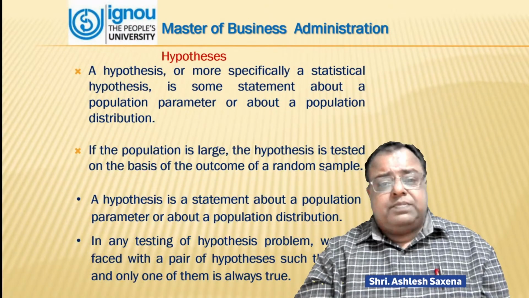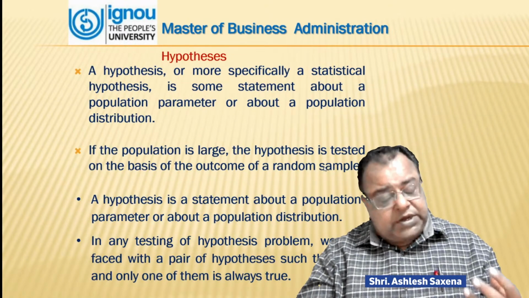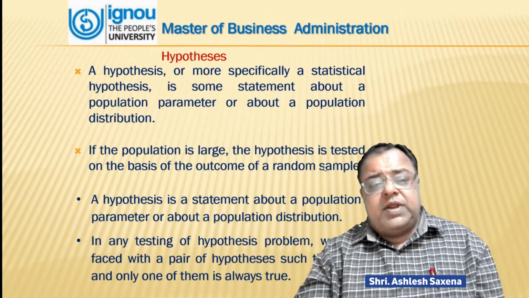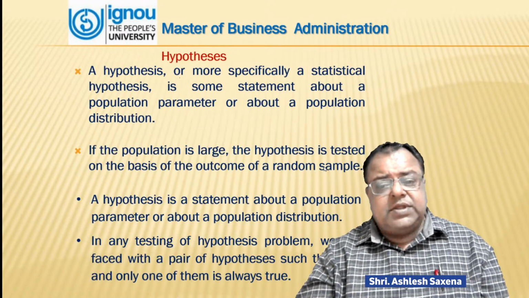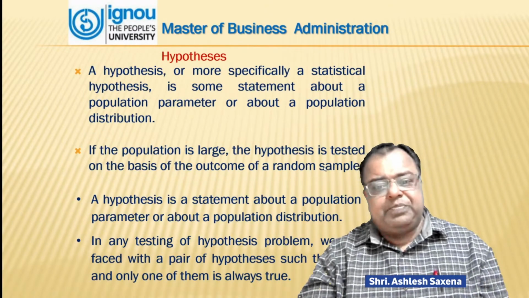Hypothesis, or more specifically, a statistical hypothesis, is some statement about a population parameter or about a population distribution. If the population is large, the hypothesis is tested on the basis of the outcome of a random sample.